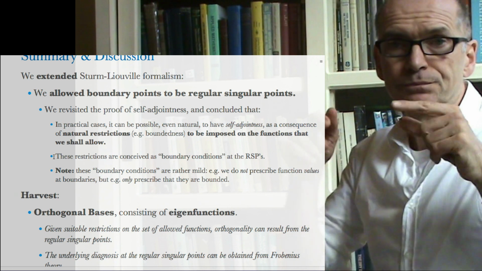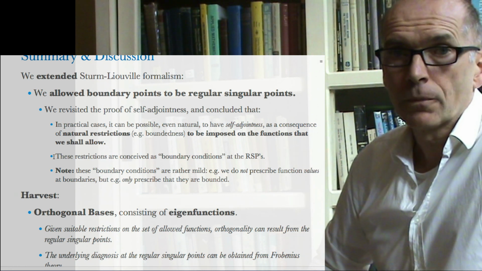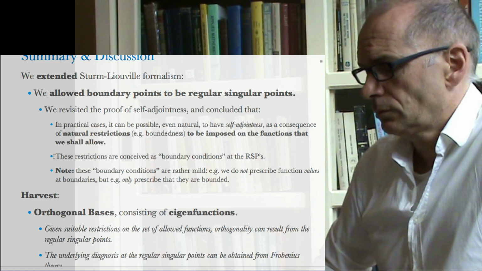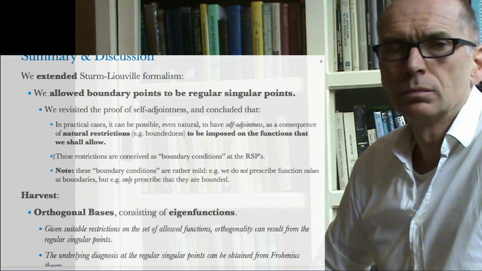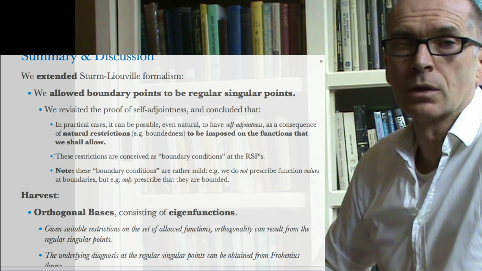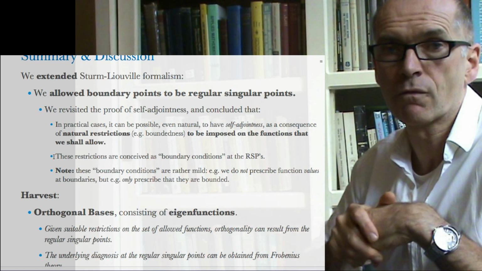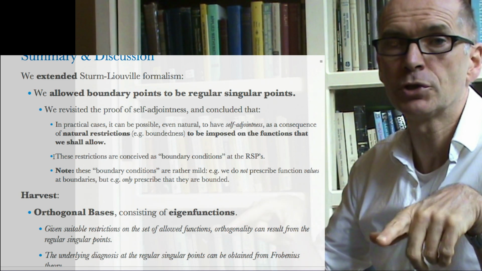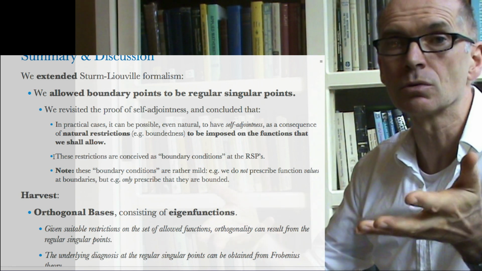Now you see that for singular Sturm-Liouville problems, as we call them now, this all is very natural. You have these regular singular points, those emerge from the differential operator itself. And to impose conditions there, to have self-adjointness, was needed, and natural.